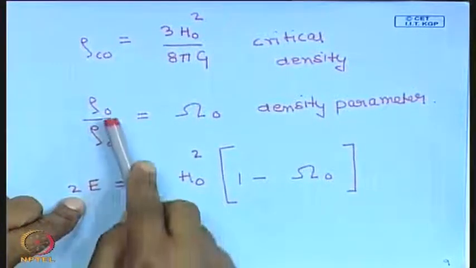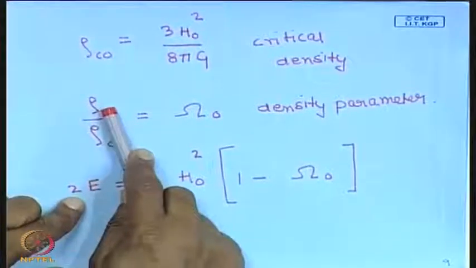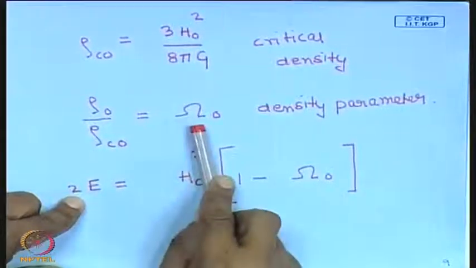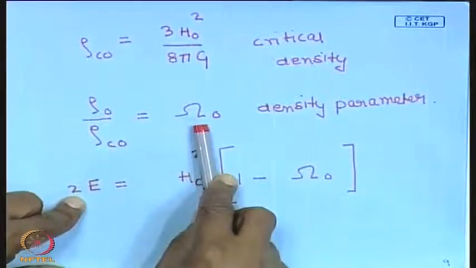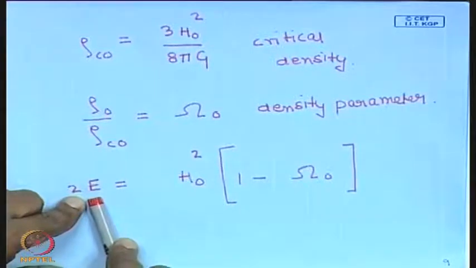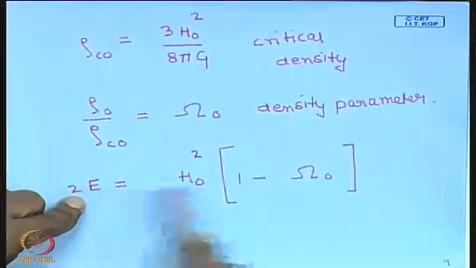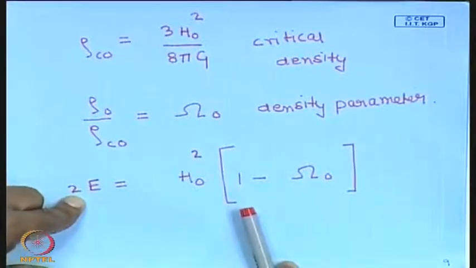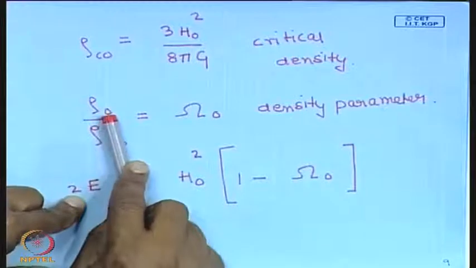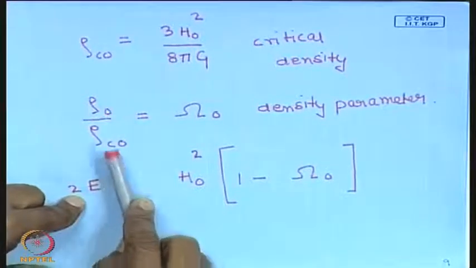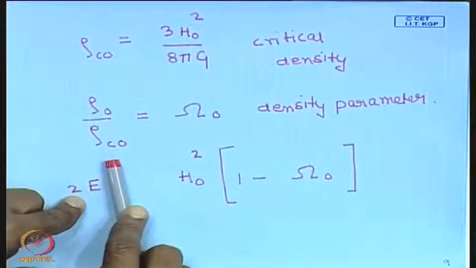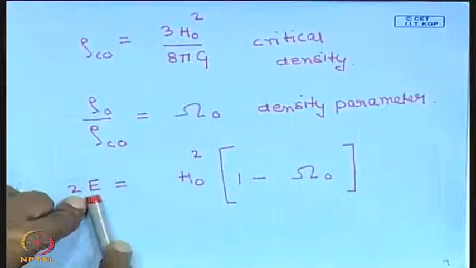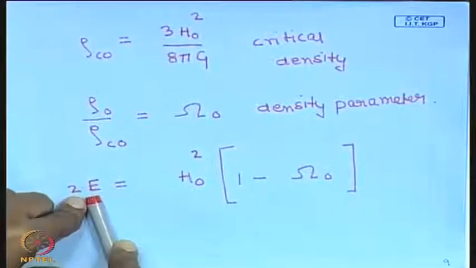If the actual density is just equal to this critical density, then the omega density parameter has value 1 and the value of this energy is 0. This corresponds to the particle that is being ejected having just the escape velocity. If the actual density of the universe is less than the critical density, then the density parameter is less than 1 and the energy turns out to be positive.